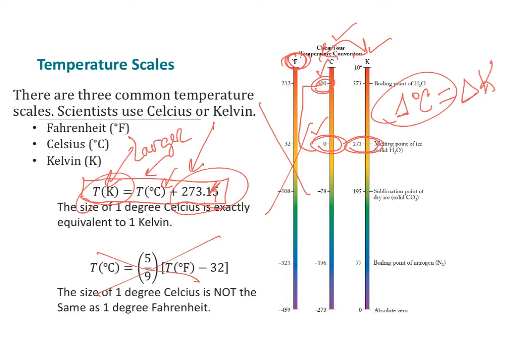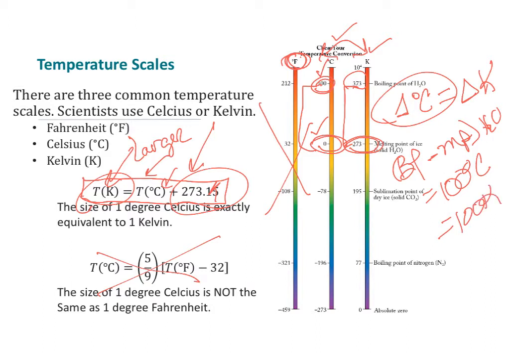So the change between the boiling point and the freezing point for water is 100 degrees Celsius, but look at this. It's also 100 Kelvin.